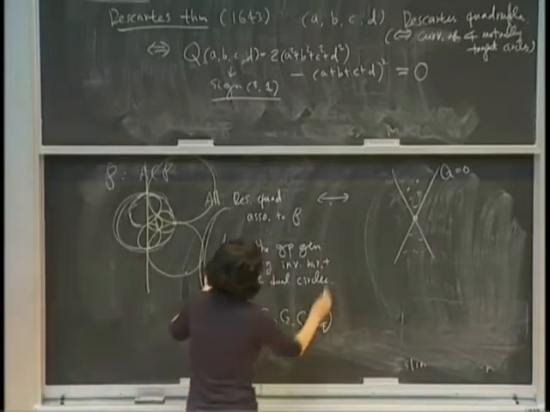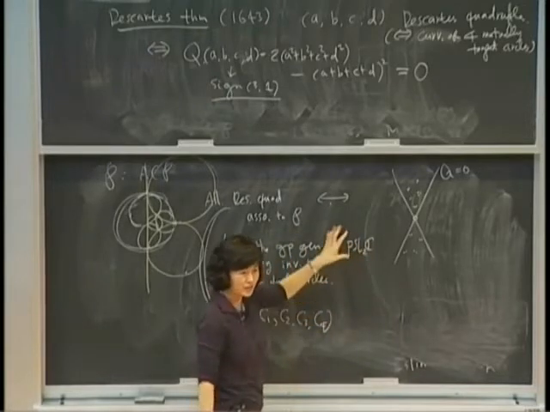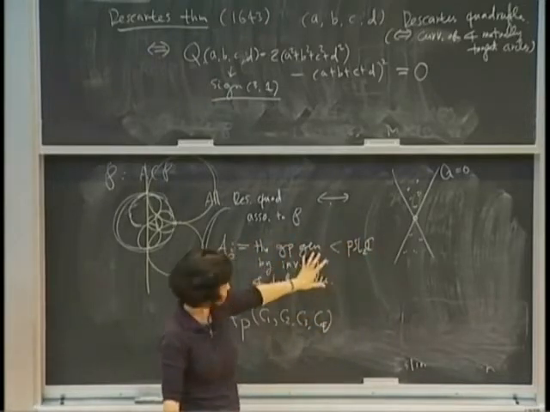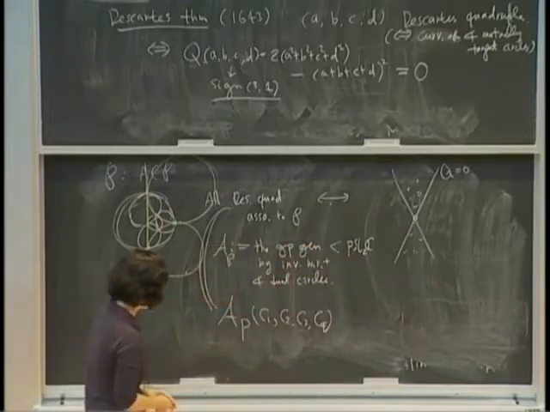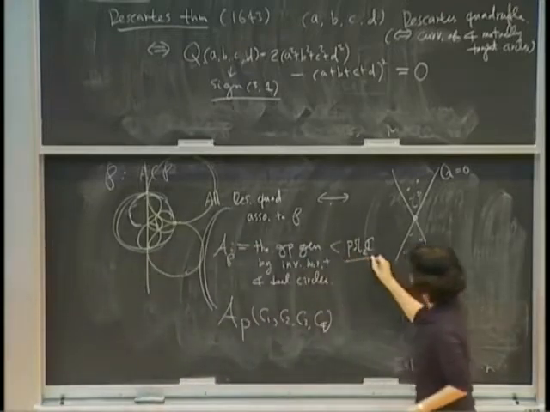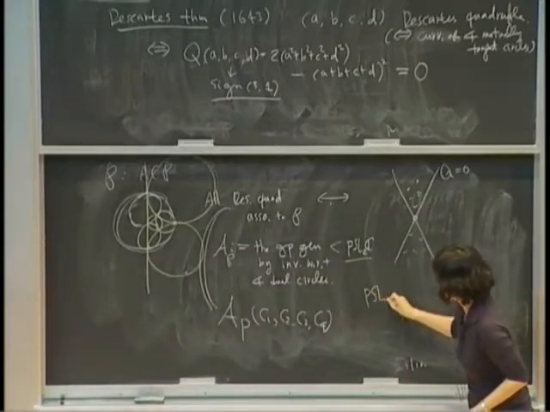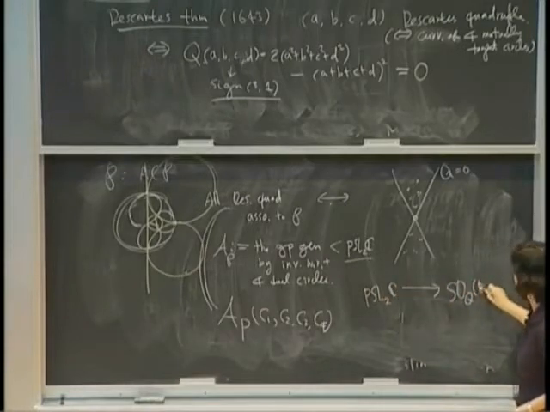So this A sub P is a subgroup of PSL2C. Again, I'm lying here. It has inversion, so it has a determinant -1, but okay, it's a subgroup of PSL2C up to plus minus 1s. And moreover, it turns out that we can find a representation of PSL2C going to SO_Q of R. Okay.